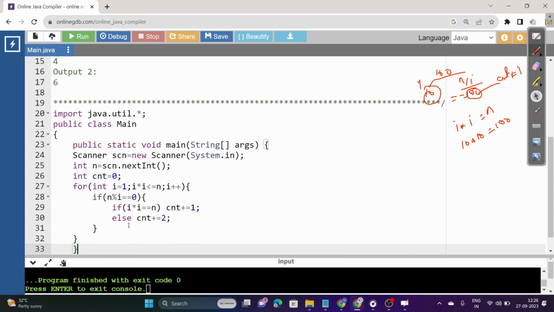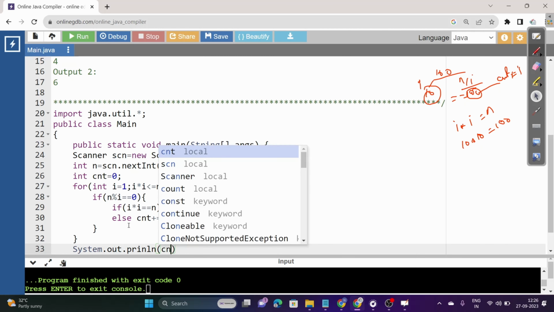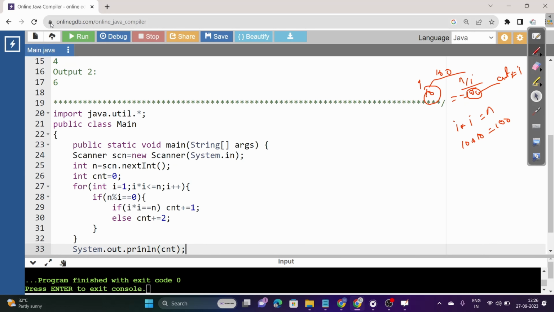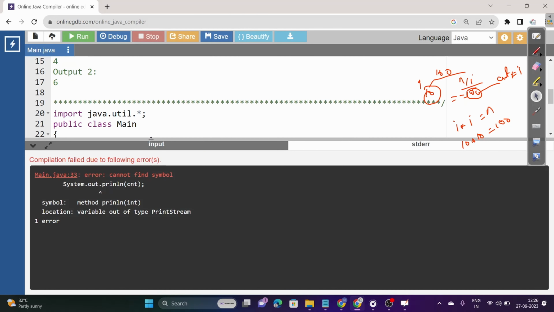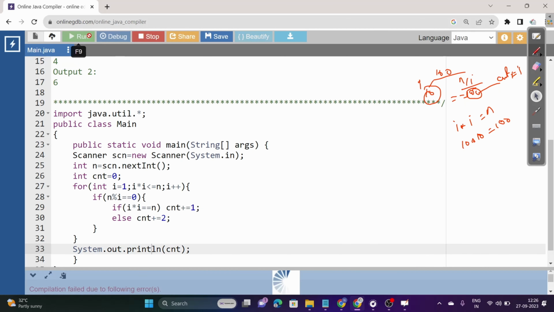That's it. Finally, print the count with System.out.println of count. So let's run the code. The t is missing in System.out.println, always the t is missing.